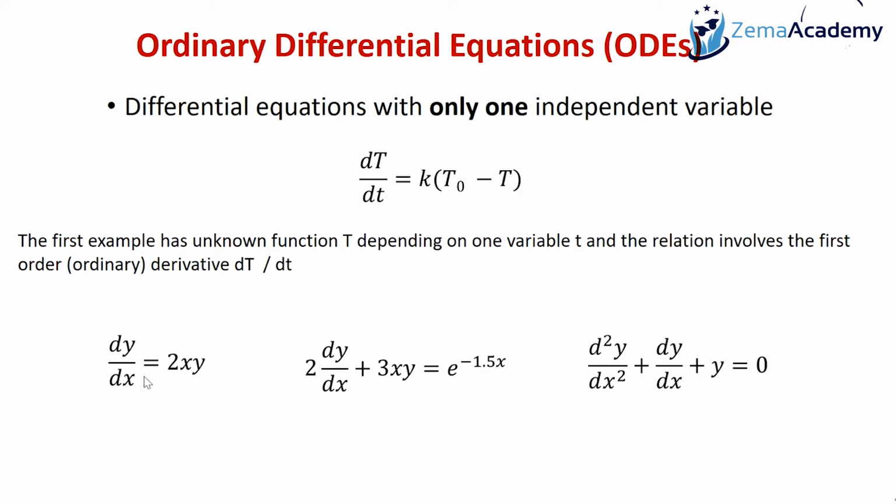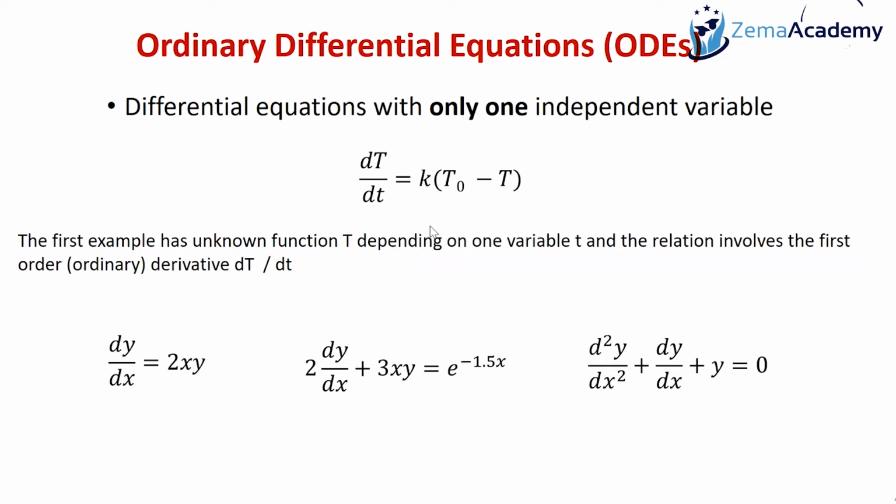In all three cases, you can see that all these y's, which are functions of x, are differentiated with respect to dx. So there is only one independent variable, and that independent variable is x. These sorts of equations are called ordinary differential equations.